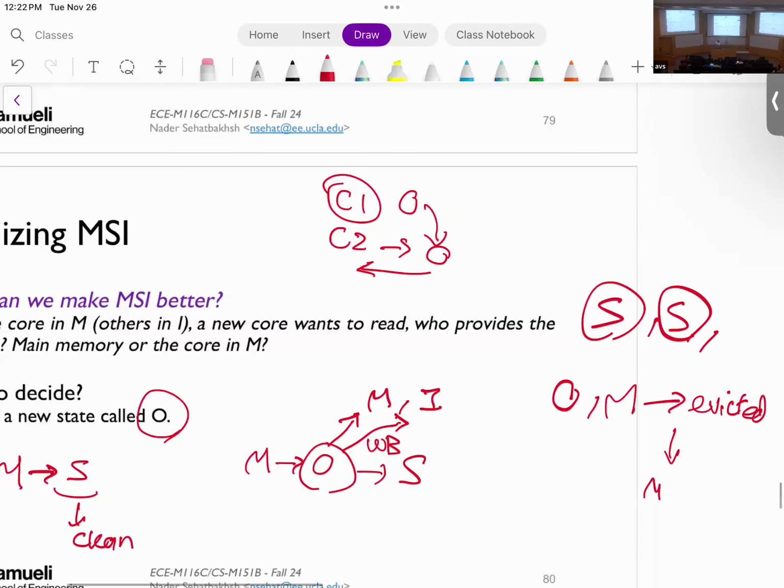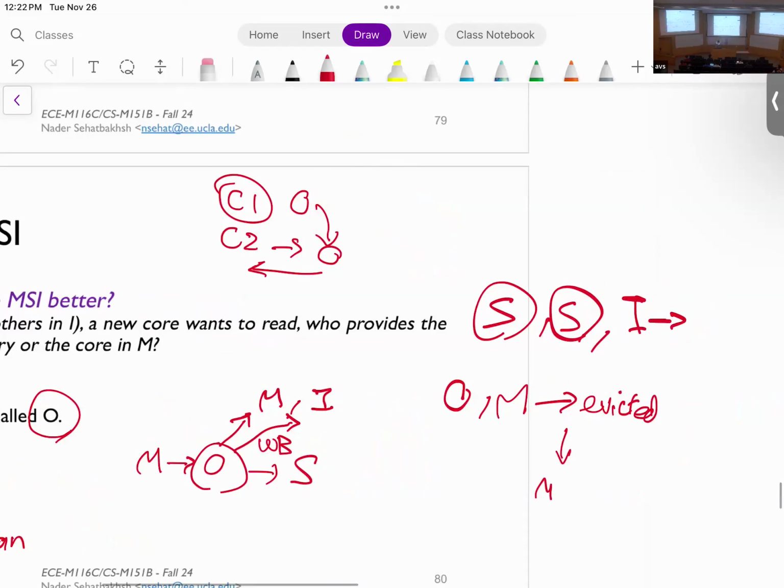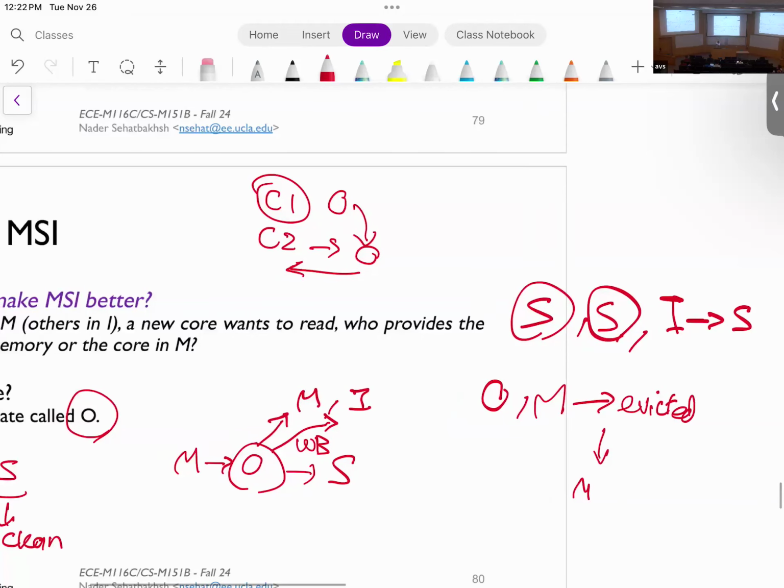If there is another core that is in I and wants to switch to S, but there is no owner, they still have to go to the memory and bring it. So nothing bad happens. Essentially, as I said, C2 will announce that it wants this data. Either there is an owner that provides that data, or if there is no owner, it will just go to the memory and bring it.